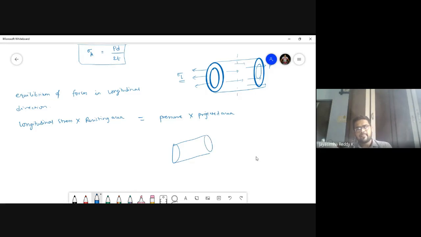I just wanted to make two forces, students, so let me do this again. There is a pressure acting like this. This is all the area on which the pressure is applied. The fluid will be flowing like this. If you take a section and draw this, I'll make it in a 3D view.